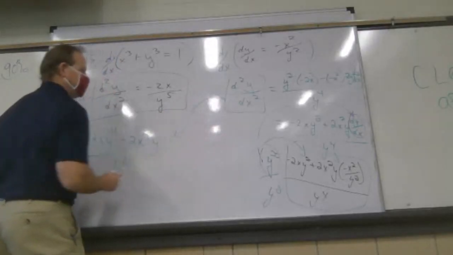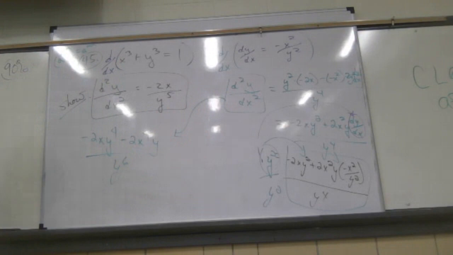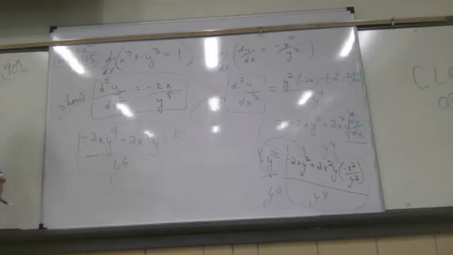So I think I did, and once again, this is still d squared y dx squared, right? That still doesn't look like that. So what might you want to do now? If in doubt, factor it out, right? So pull out what we can.